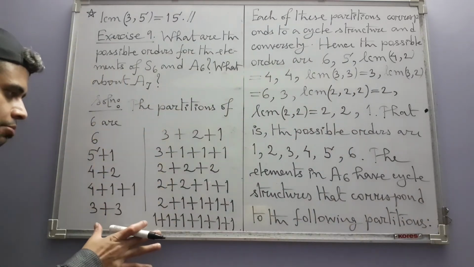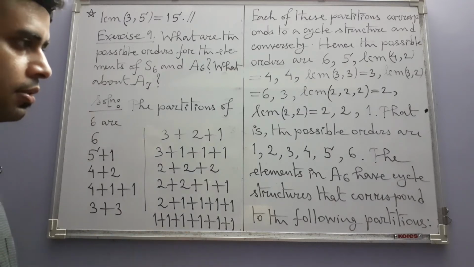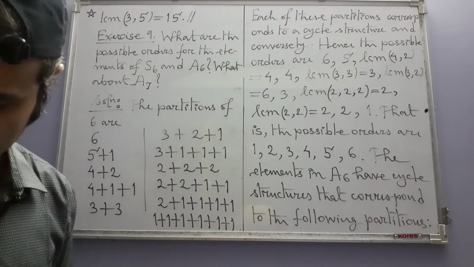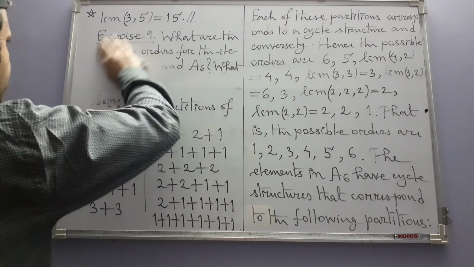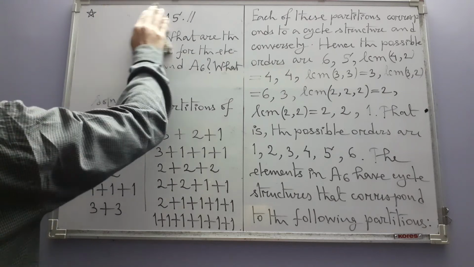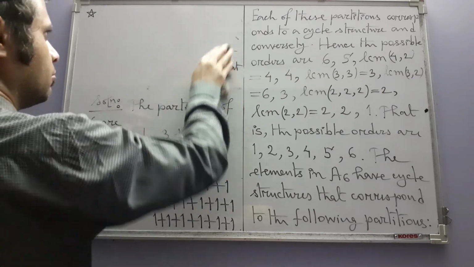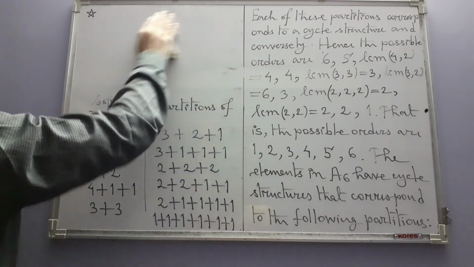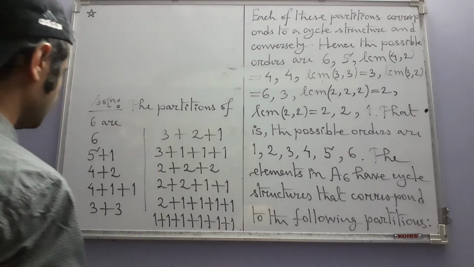From among these partitions, we have to now single out those that correspond to cycle structures of even permutations. So let us see which ones give us even permutations. There is something else also to be said about these partitions, but let us just finish this one. Okay.